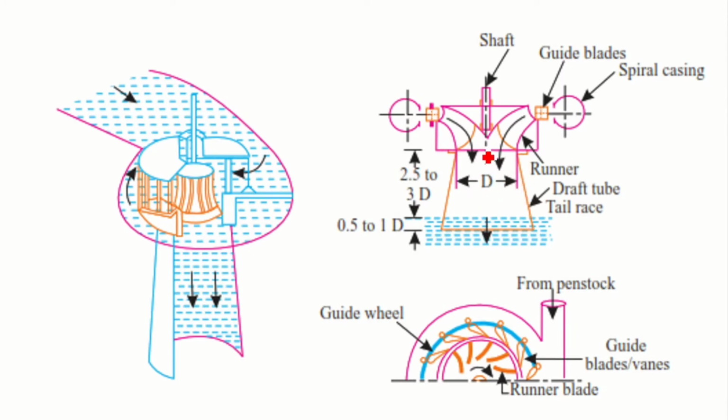The diameter of the runner is capital D, and various ratios are given. The length of the draft tube is 2.5 to 3D up to the tail race, and the total length becomes 2.5 to 3D plus 0.5 to 1D. This is the total length of the draft tube.